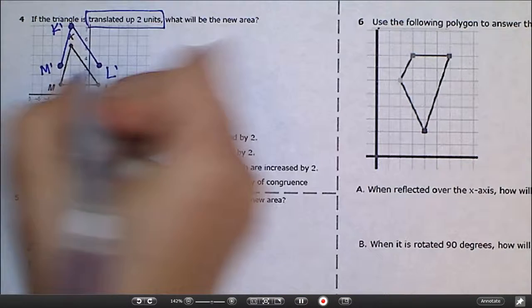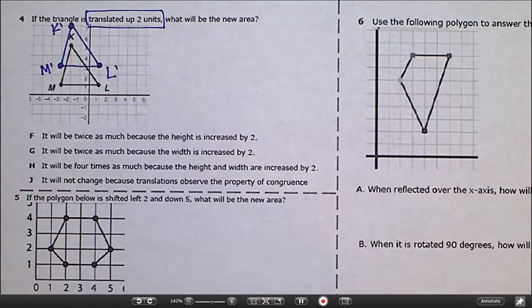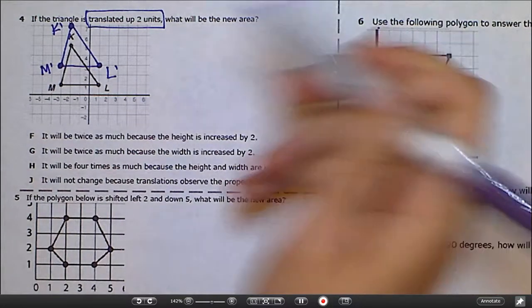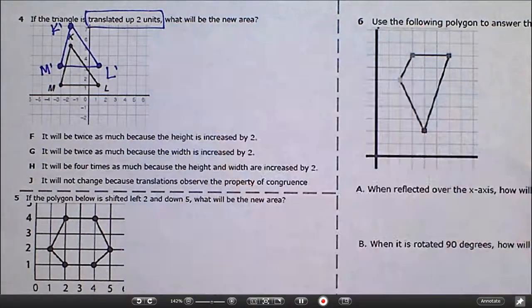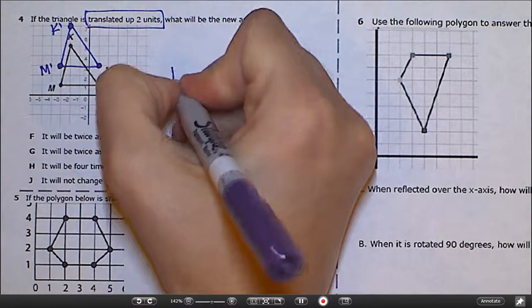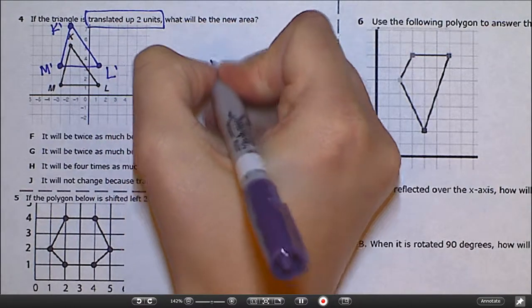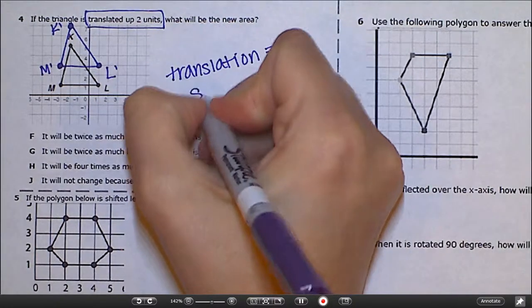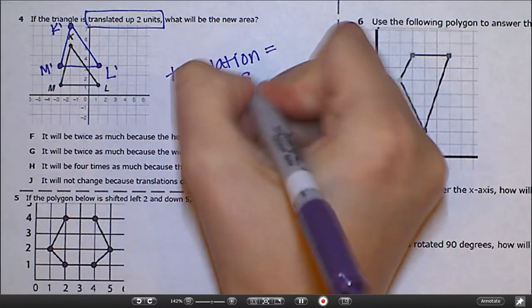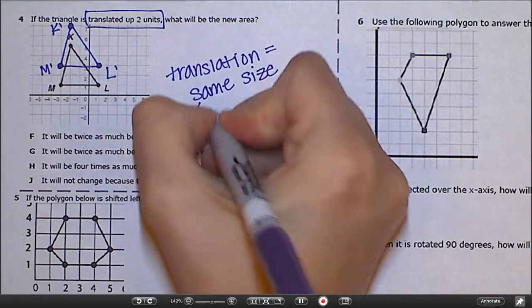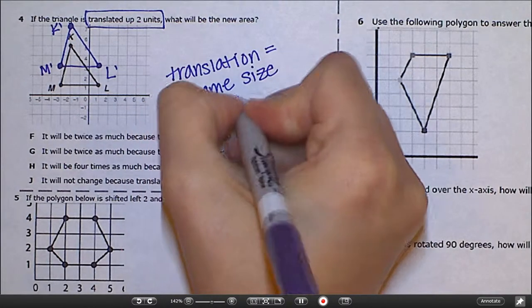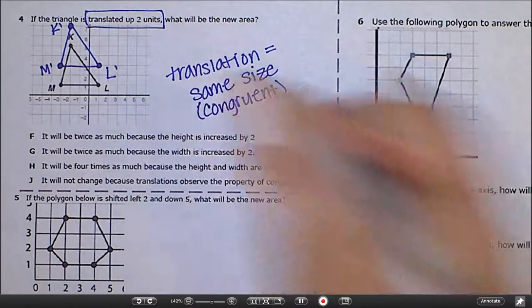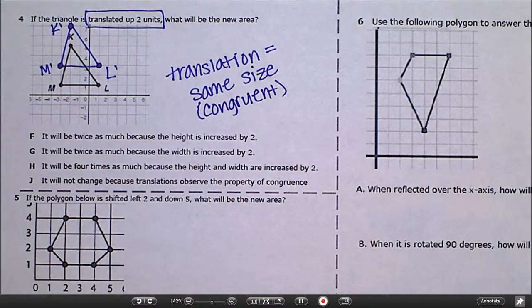Here is the new triangle. Has our area changed at all? Nothing has changed. When we translate something, the area does not change. So translation equals the same size. It is congruent. So this is just a trick question.